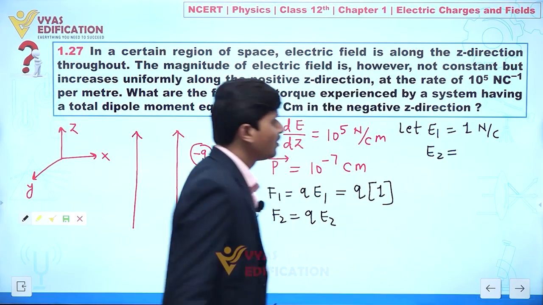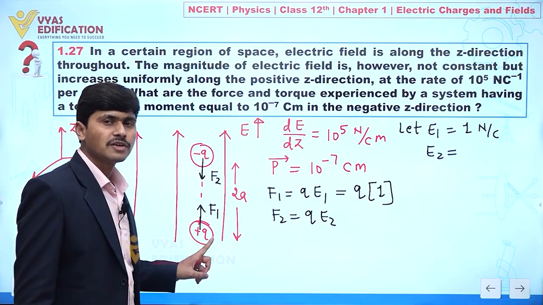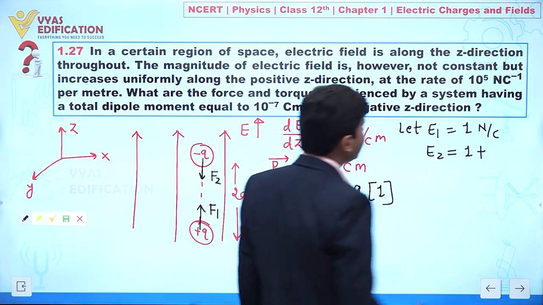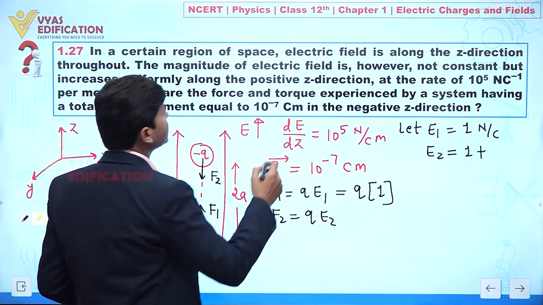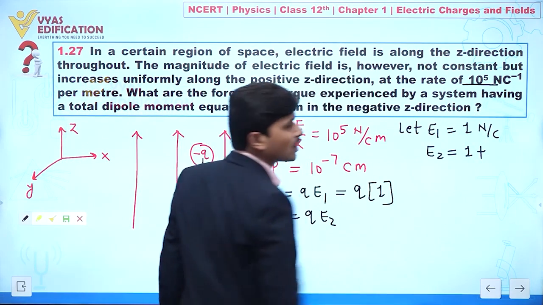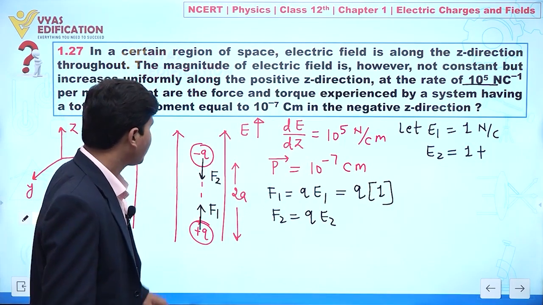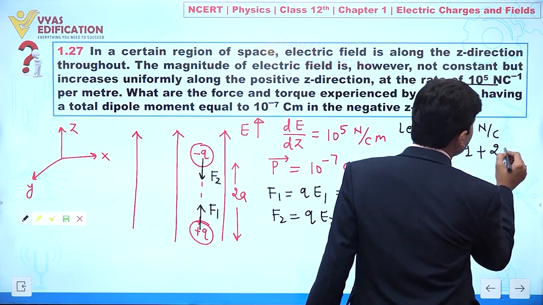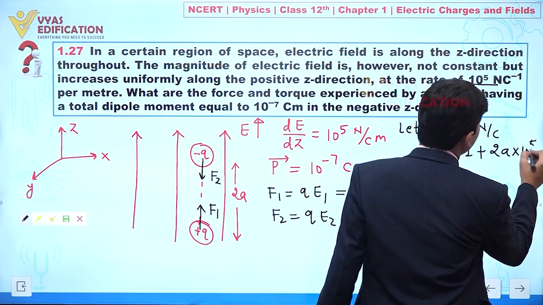So what is the value of E2? Listen carefully. At this position we have an electric field of 1 Newton per coulomb, and in this question it is given that it increases at the rate of 10 to the power 5 Newton per coulomb per meter. Here the distance is 2a, so the increase is 2a multiplied by 10 to the power 5.